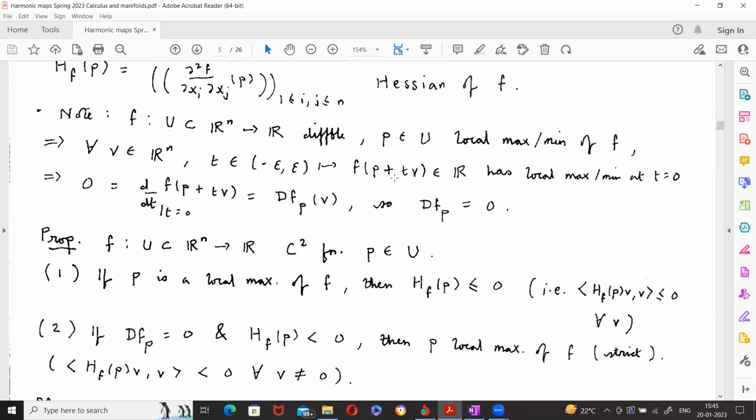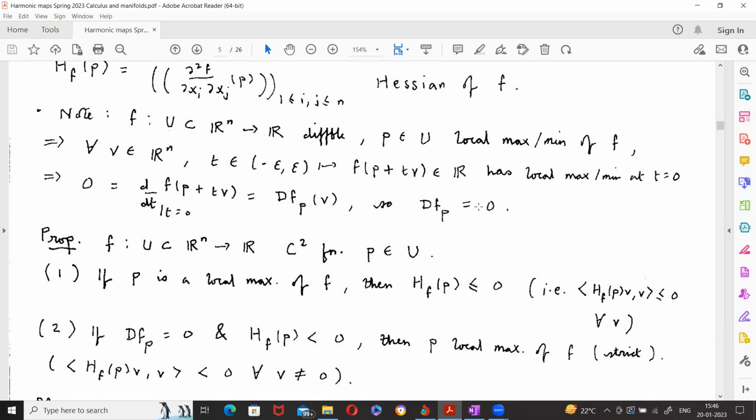So that means its derivative at t equal to 0 will be 0. So we get that 0 is equal to d/dt at t equal to 0 of f of p plus tv. But this is equal to dfp of v, right? So that means that dfp(v) is 0 for all vectors v. Therefore, at a local maxima or minima, the derivative df at p is 0. Just like in one dimension, the derivative vanishes at a local maxima or minima. So in higher dimensions, the linear map df at p vanishes at a local maxima or minima. Okay?